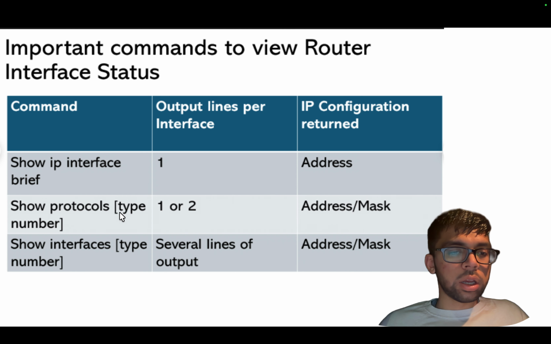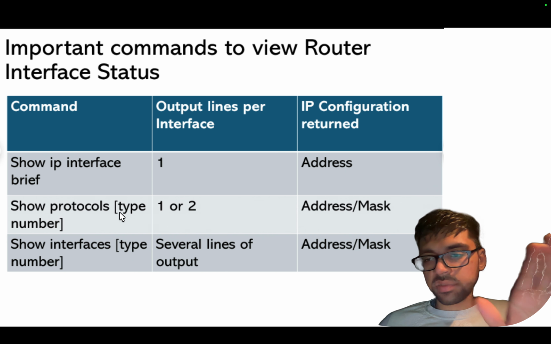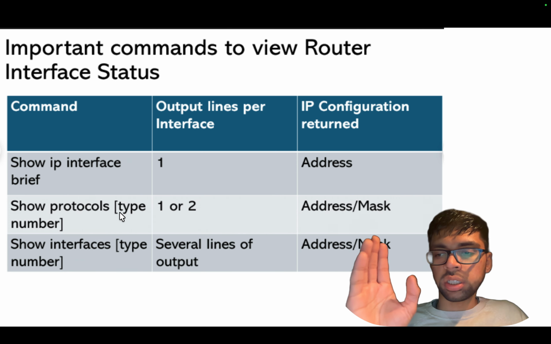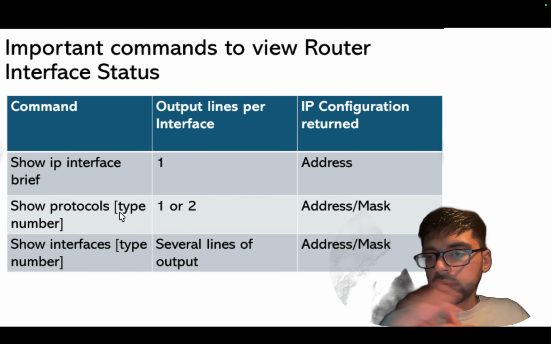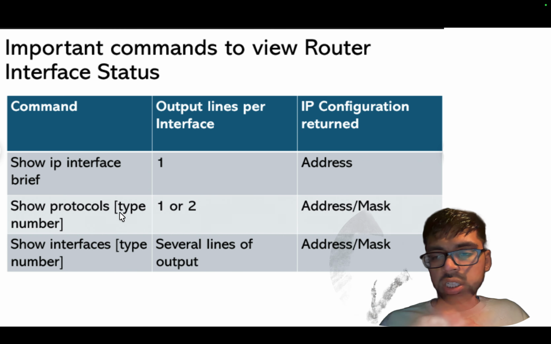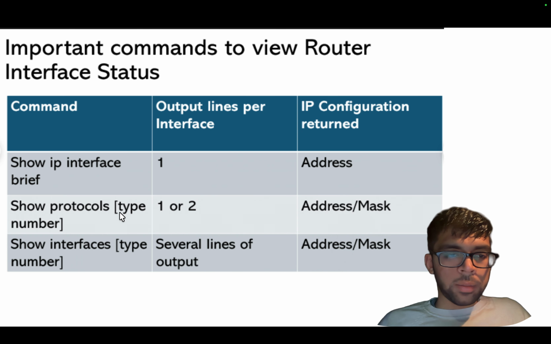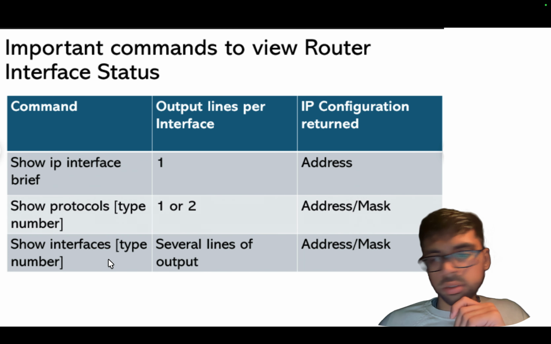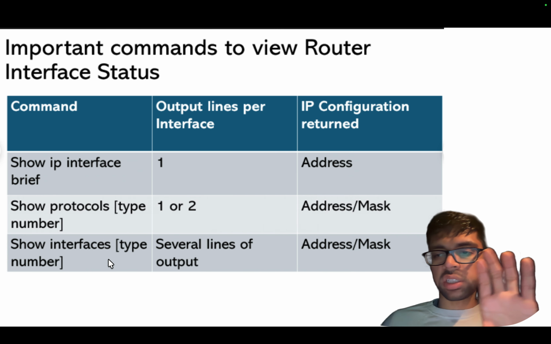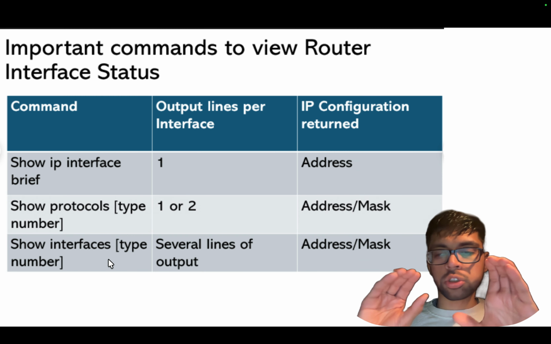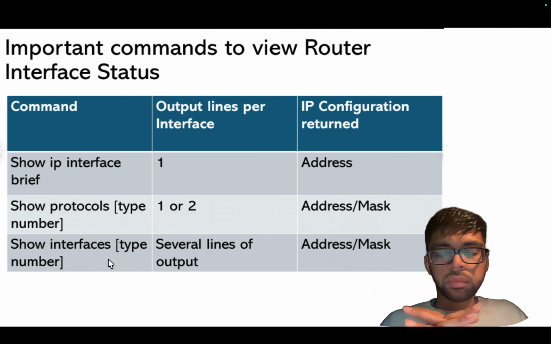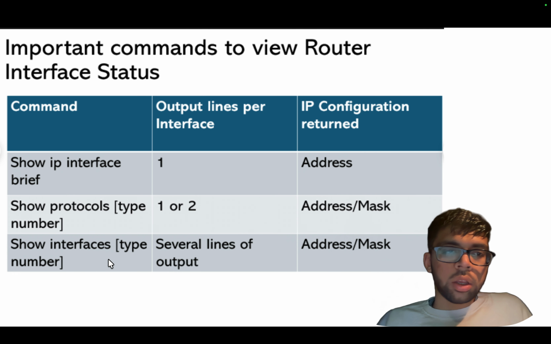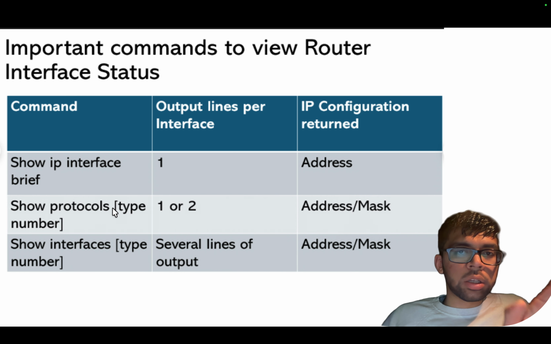That means the interface type and the interface number, for example, GigabitEthernet 0/0/1. And then show interfaces type number, again meaning insert the interface type and number that you want to query. So these are 3 commands to view our router interface status.